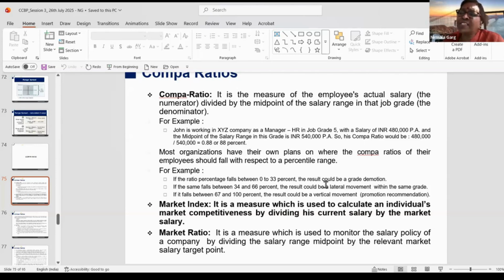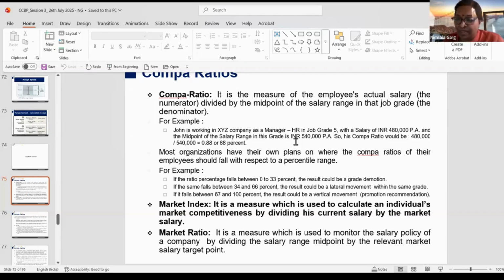But what is the significance? Why should you calculate compa ratio, and what impact does it make? With the help of compa ratio, I only get to know the pay positioning of this employee.